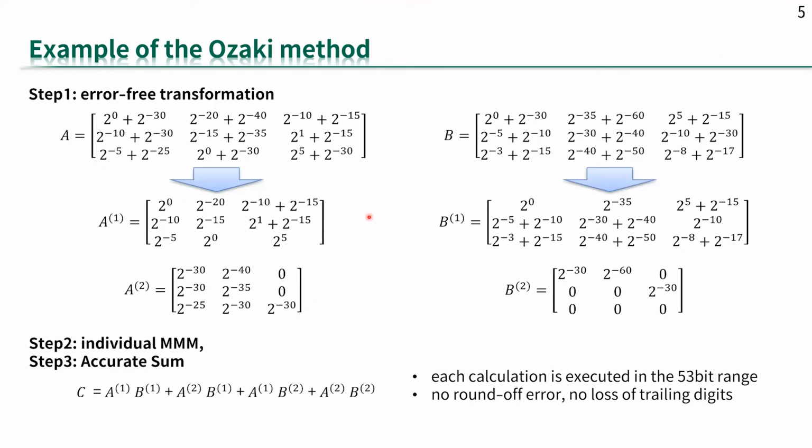On the other hand, in the Ozaki method, each matrix is transformed in this way. Then, individual matrix multiplication is calculated. After that, the final result is calculated by accurate summation. In this calculation, neither round-off error nor loss of trailing digits happens.